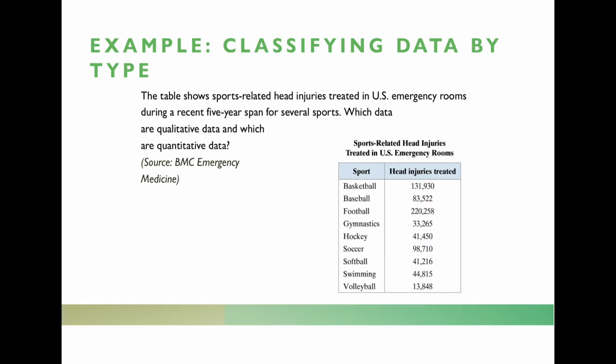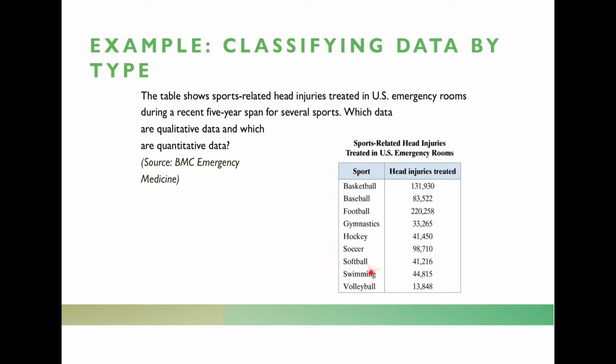Okay, so the table shows sports-related head injuries treated in U.S. emergency rooms during a recent 5-year span for several sports. Which data are qualitative and which are quantitative? This is pretty easy. Here we have the type of sport that was being played.